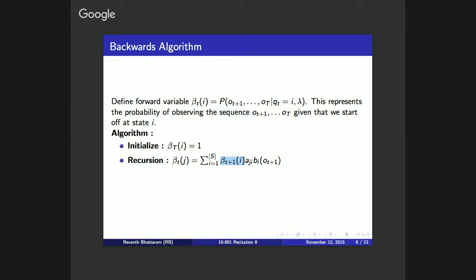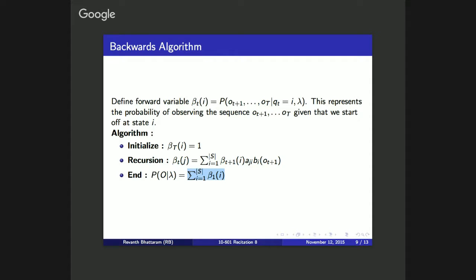So I'm at a current state J. What is the probability that I'll move to a new state I? That's going to be the transition probability multiplied with the probability of observing the right thing. And then from the next step onwards, everything else runs smoothly. That's encoded by the beta variable over here. So this is how we define the backward variable recursion.